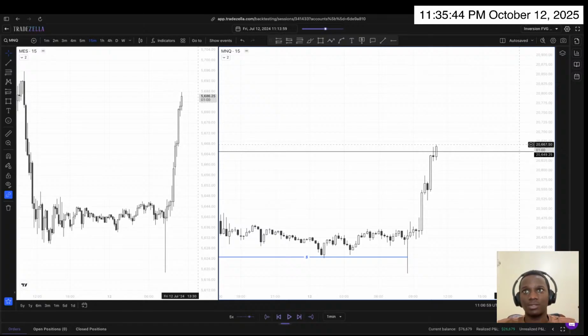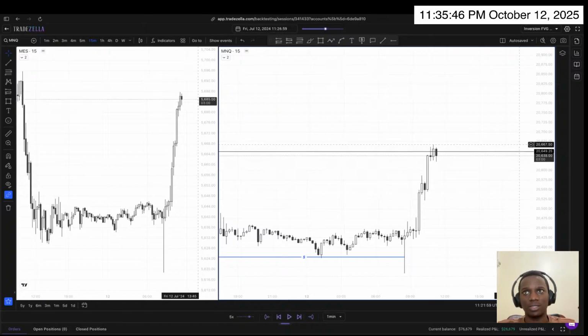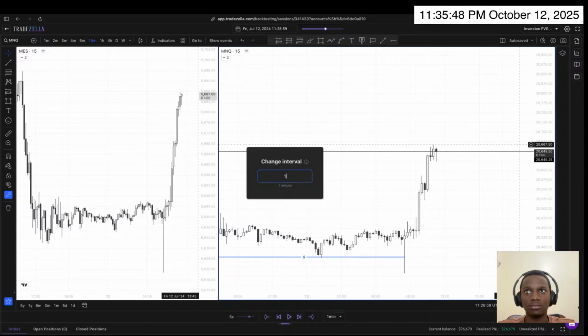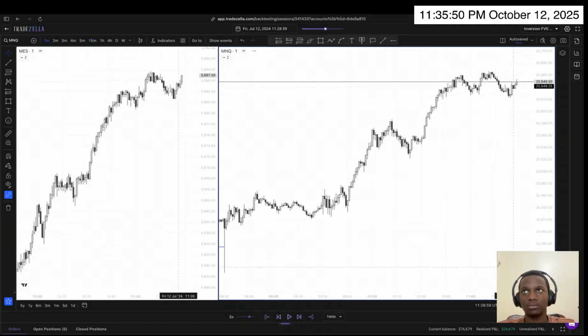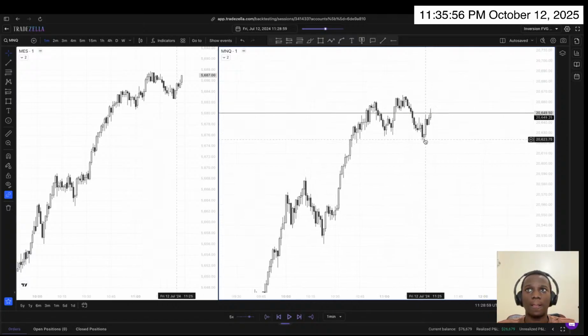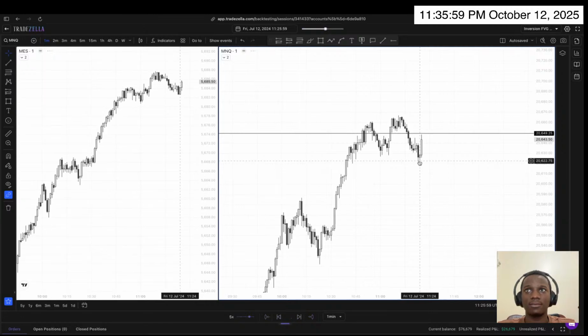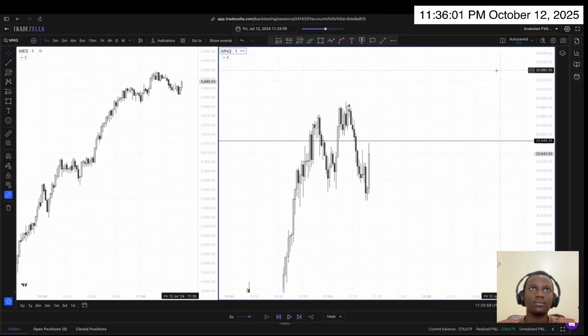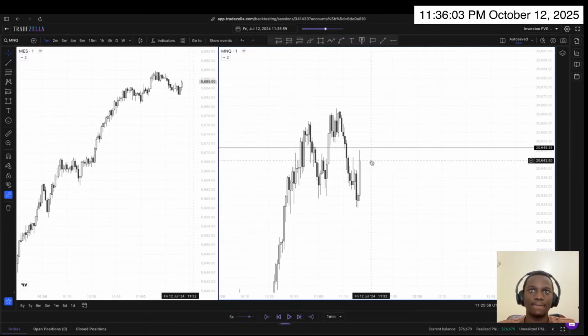I think it's going to retrace into the 15 minute, then probably continue higher. Sweep at 11. Let's test this.